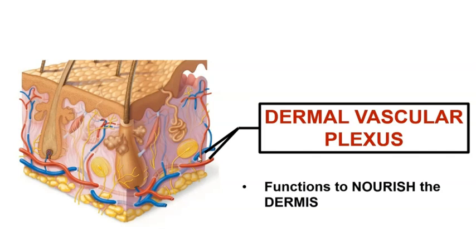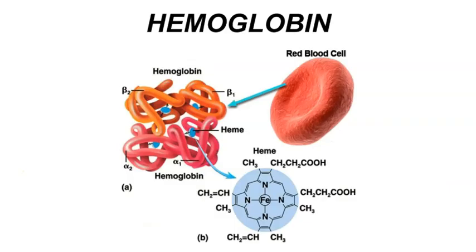And so the dermal vascular plexus is really what's delivering blood to that subpapillary plexus that we saw a few minutes ago. Because of its depth, it functions to nourish the deeper dermis and the tissues and structures within the deeper parts of the dermal tissue.